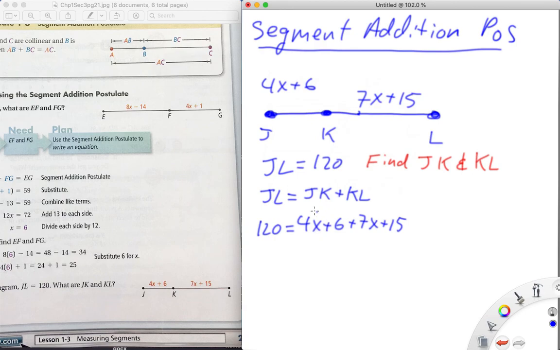So now I can combine like terms. So 120 equals 4x plus 7x, which is 11x, and then 6 and 15 is 21.